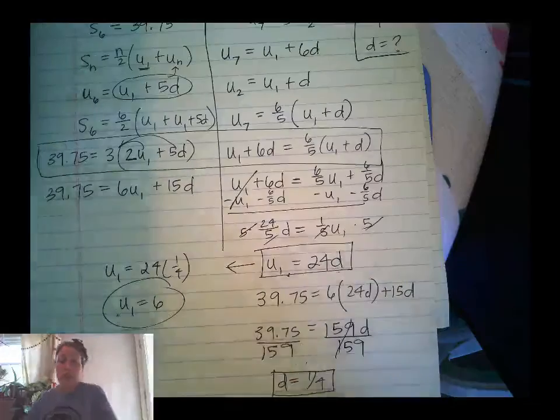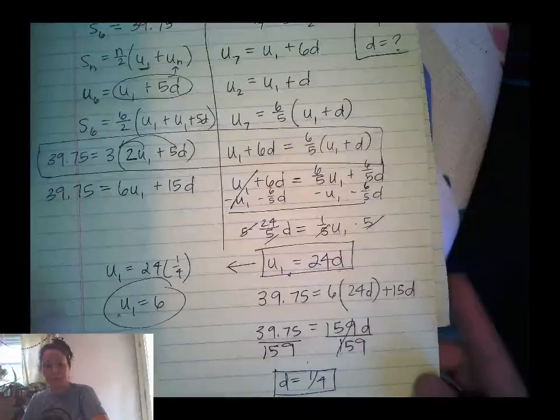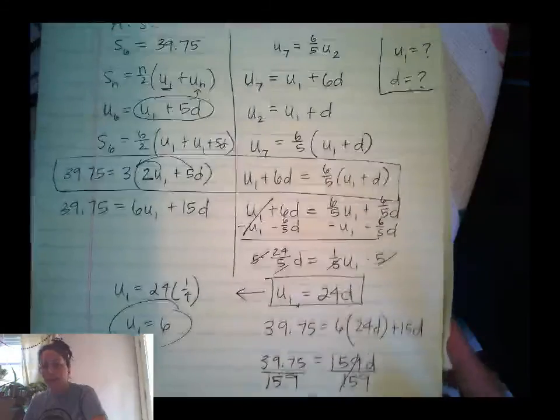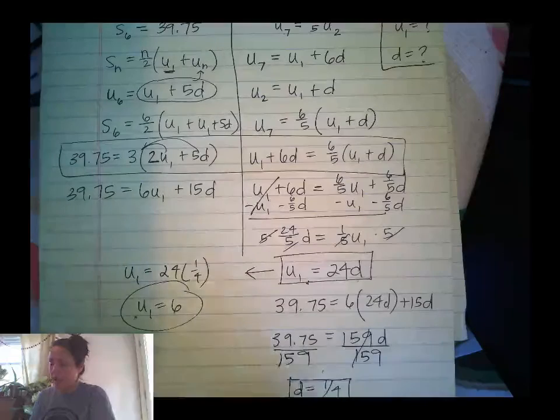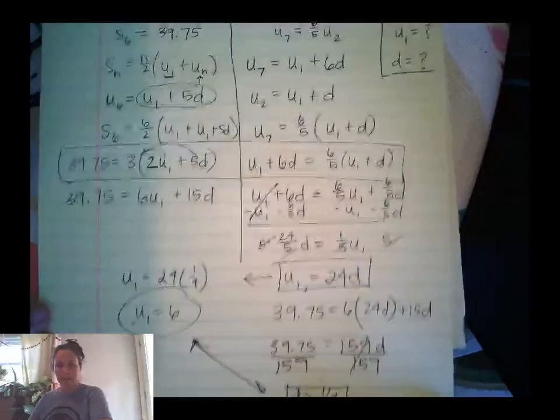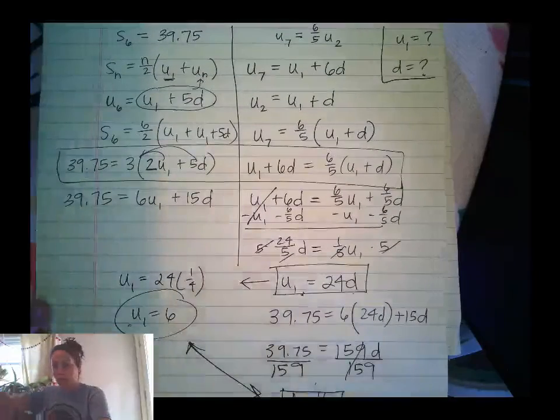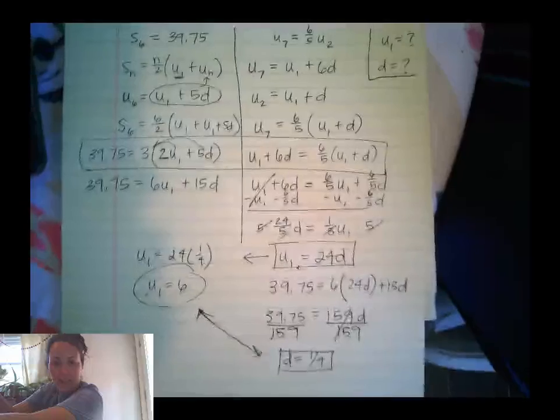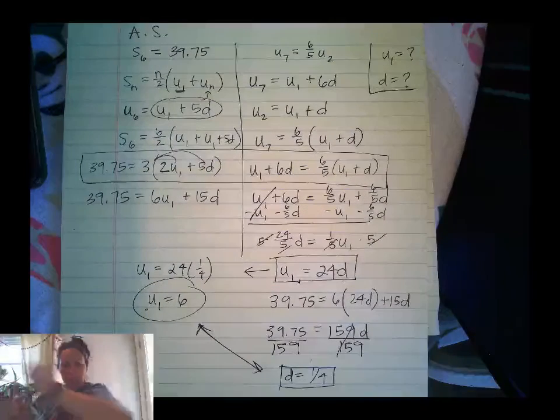So I have my two answers, right? I needed u sub 1 and I needed the common difference, and I have done that. So here's my work. If you want to see it all together, there she is.